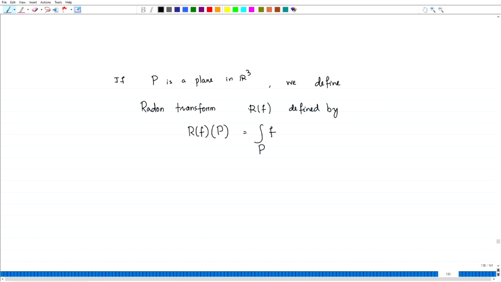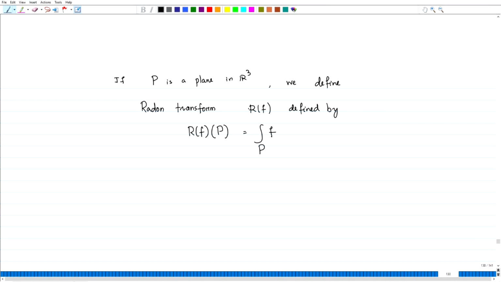Now, the first thing we need to discuss is what we mean by integration over a plane P. Any plane is determined by a vector on the unit sphere, which gives the direction, and a distance from the origin.